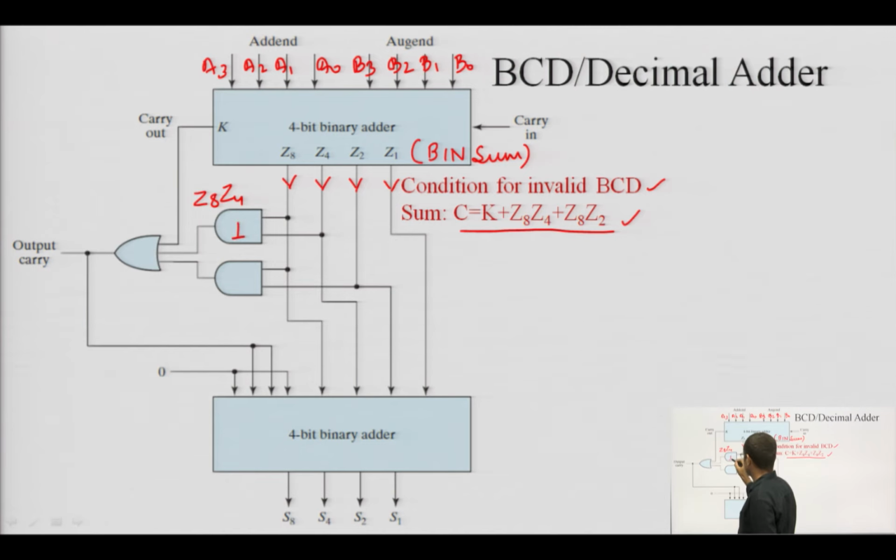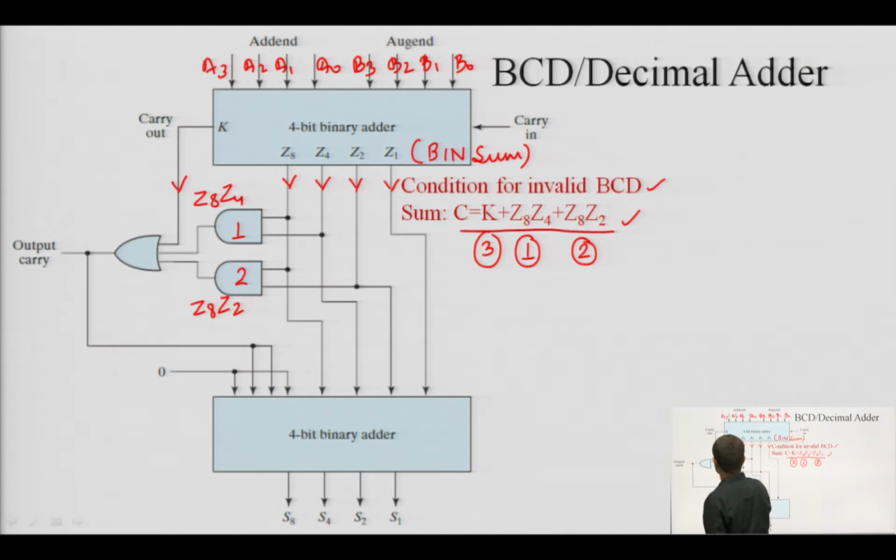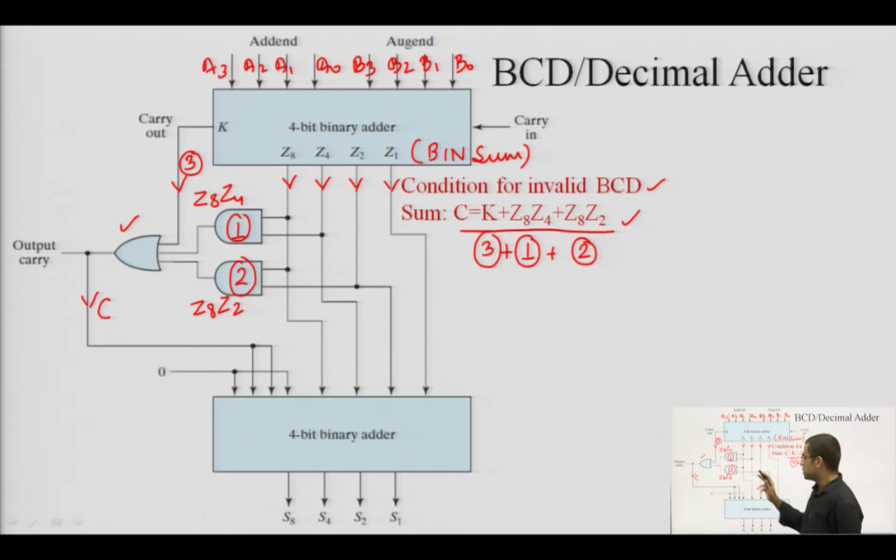This is my first product Z8 Z4, this is my second product Z8 Z2, and this is my third term K. All these three are added together with the help of an OR gate to produce the output carry C. Now, this C is deciding whether we want to add 6 or not.